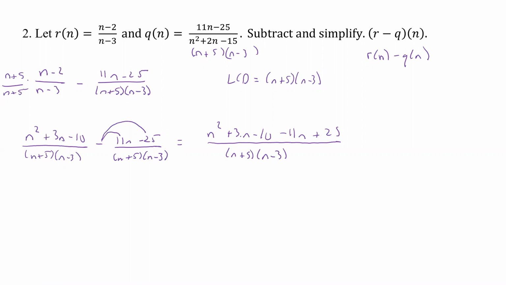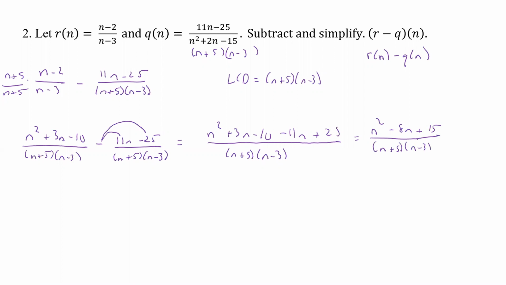Okay, so looking at that and simplifying, it just gives us n squared, and then we have a plus 3 minus 11. So 11 minus 3 is 8, so it's going to be a minus 8n. And we have a minus 10 plus 25, so it's going to be plus 15 all over n plus 5, n minus 3.